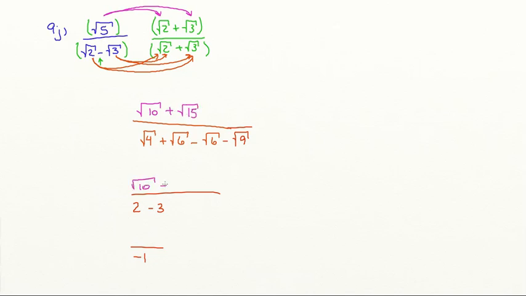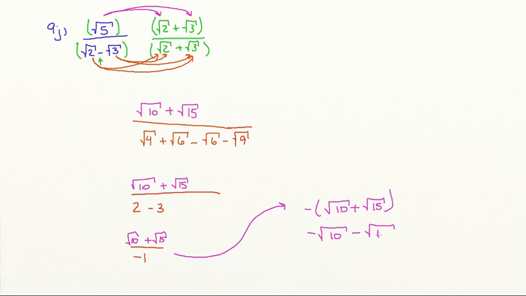Can't simplify those two. Okay, let's make the negative go out in front. And distribute that negative 1, so negative root 10 minus root 15.